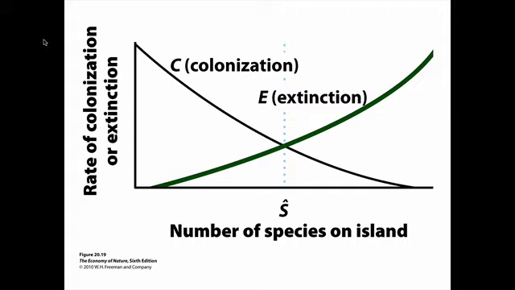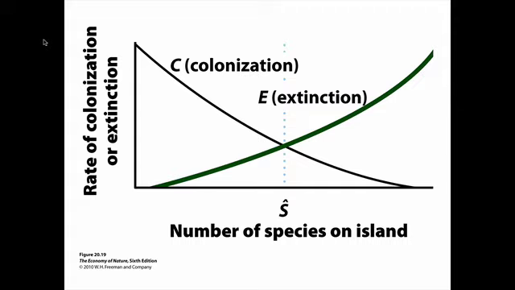Now notice we haven't said anything about which species, and that's really a crucial prediction of island biogeography theory. The number of species on an island is going to remain approximately stable, but the specific ones that you find at a given time may differ from the specific ones that are present at a different time.